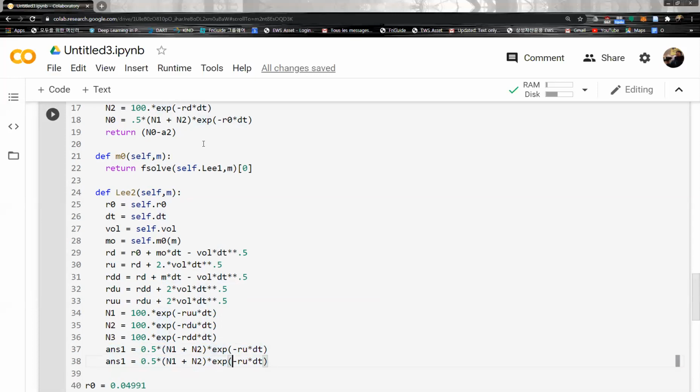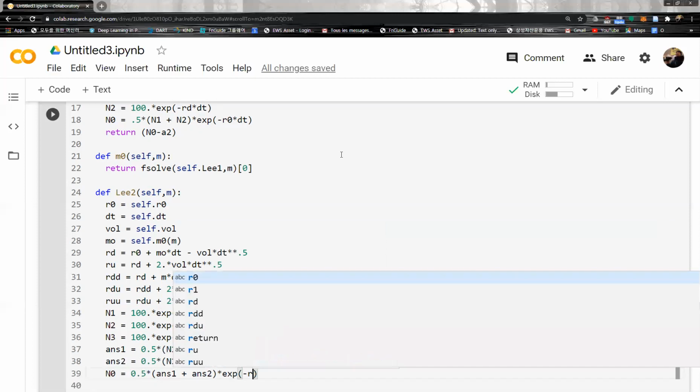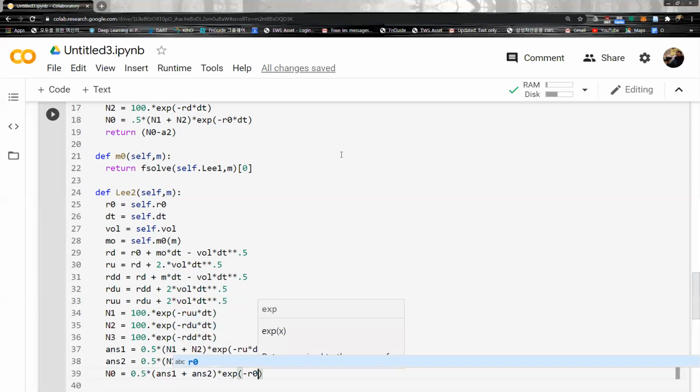Okay, and then answer 2 is from RD. Our final theoretical bond price is, of course, again, 0.5 multiplied by answer 1 plus answer 2, and then because now it is 3 months, multiplied by exp of minus R0 multiplied by dt.